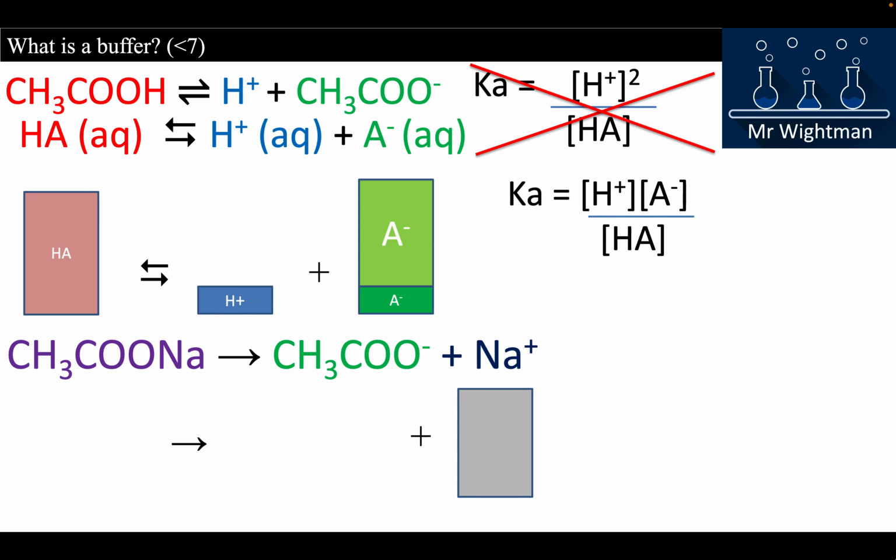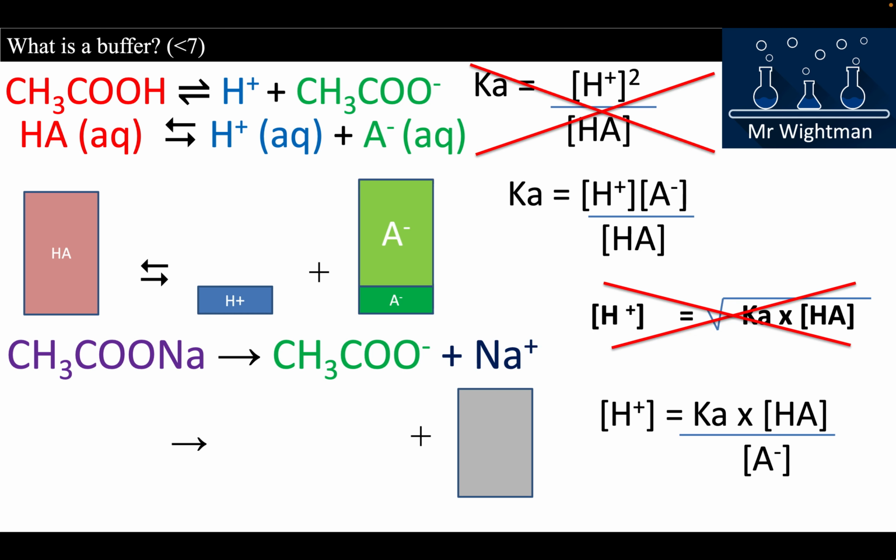We would have to treat them as separate entities, so to speak, and if we wanted to work out the H+ concentration, we would have to rearrange it. We are no longer able to say that H+ is the same as A-, so we can't say Ka is equal to H+ squared over HA, and we therefore can't say the H+ concentration is equal to the square root of Ka times HA. That's what you would normally use in standard Ka calculations.